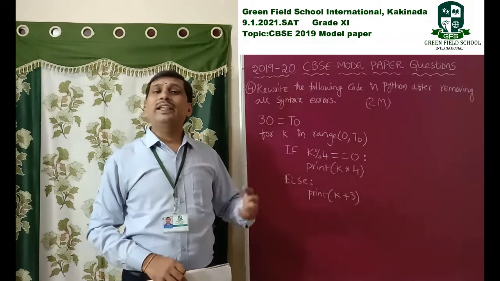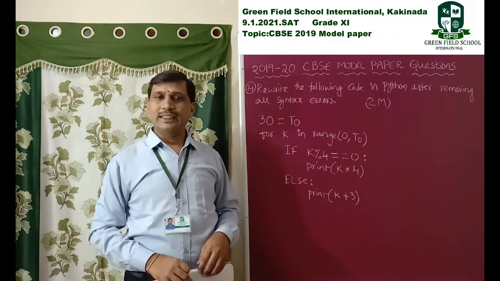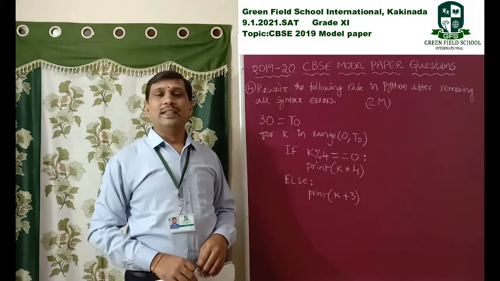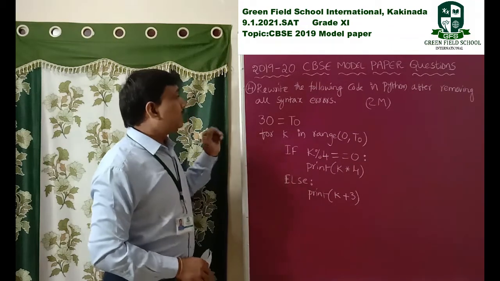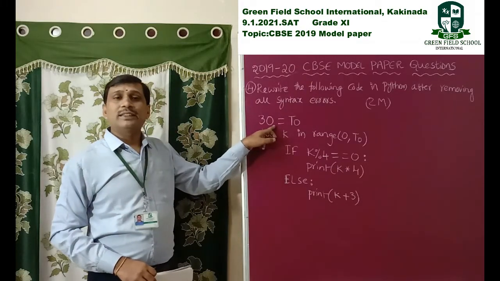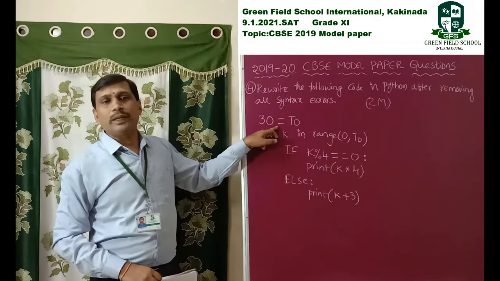So we recollect all the syntaxes once again and we rectify these errors. Here they are providing 30 is equal to 2. This is not an equal to operation, this is an assignment operation.